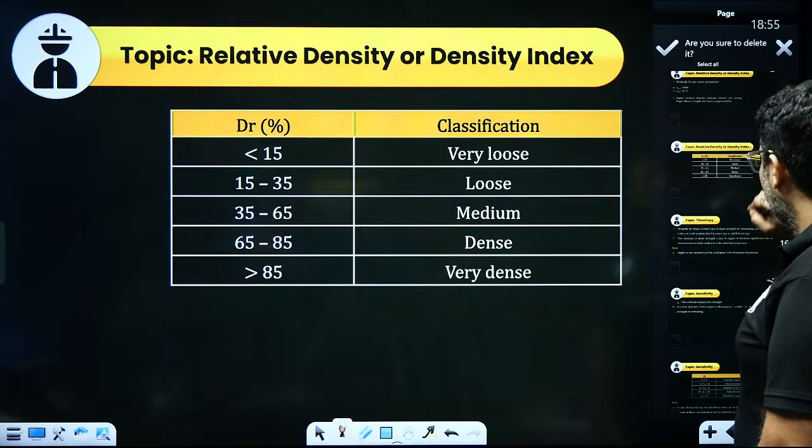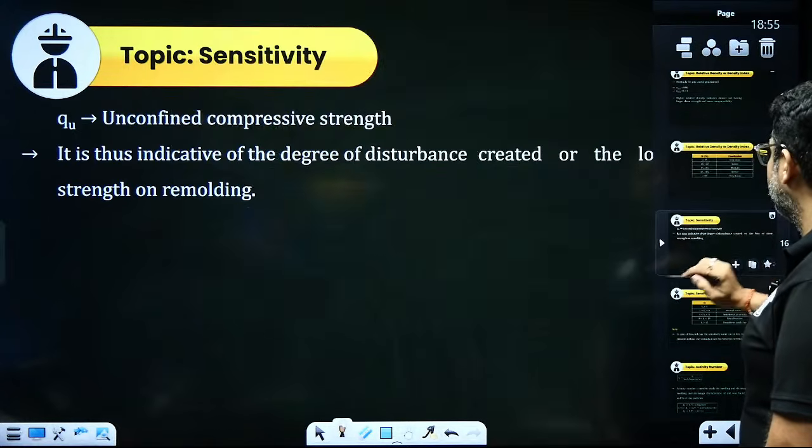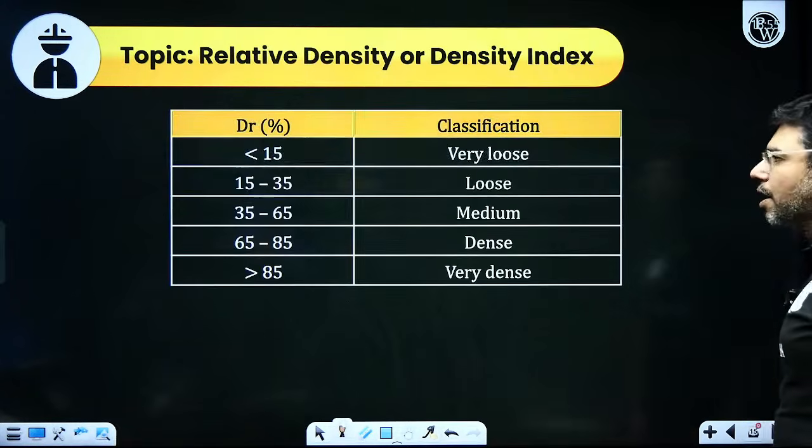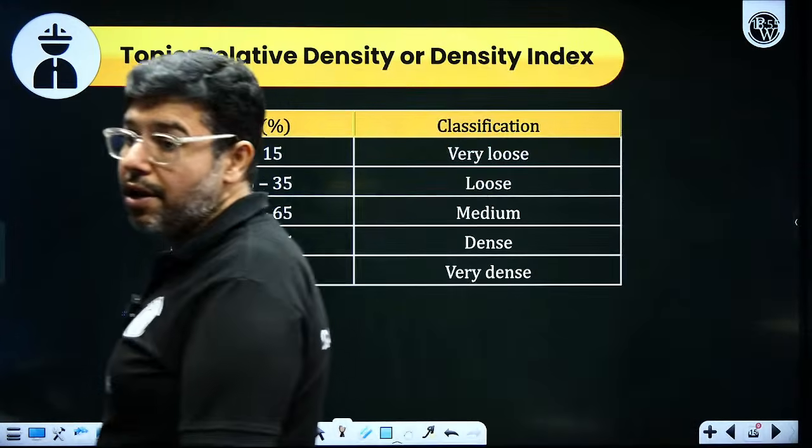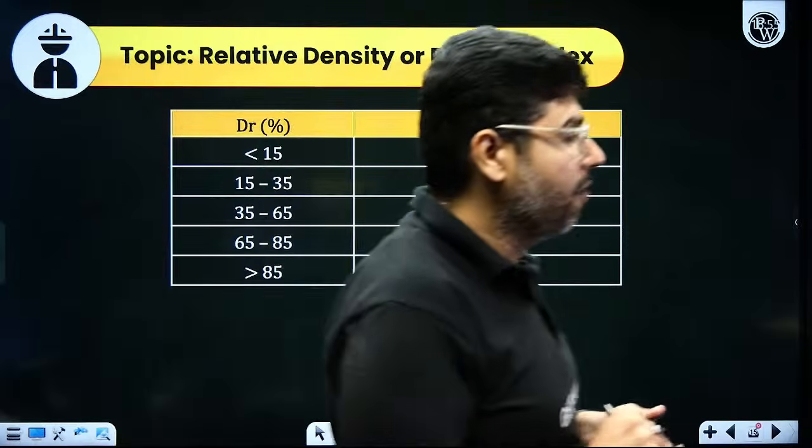Now, let us talk about the sensitivity. Next index property will be sensitivity. Is it clear till here? So, this relative density is defined for a coarse grained soil. Please note till here. If you have any doubt, please ask me.